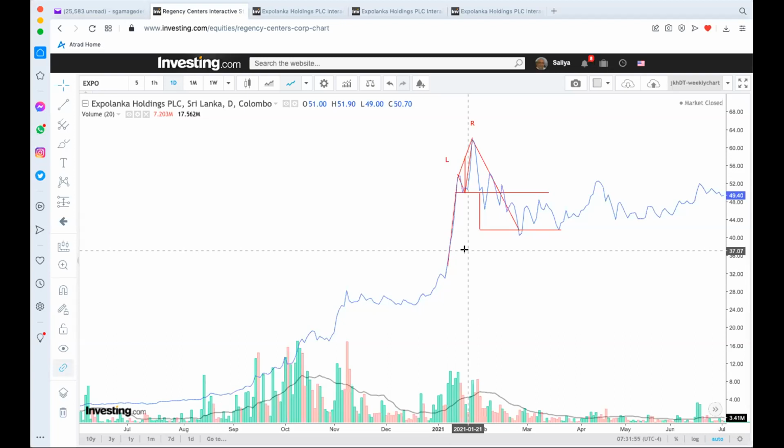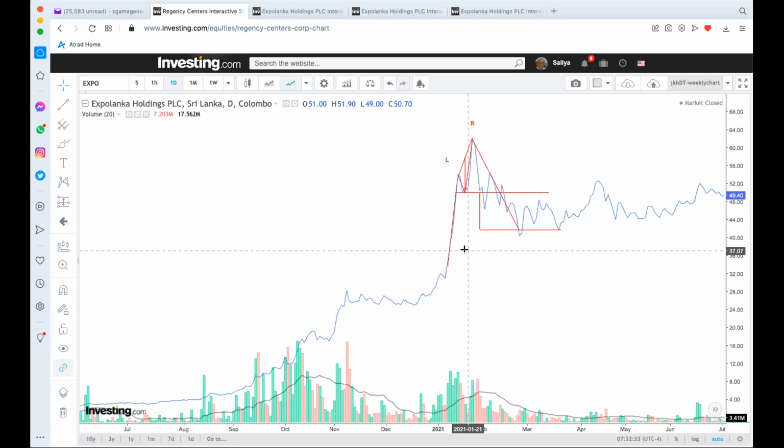Whichever animal, until it achieves the fortunes of catching the prey, it will wait, right? That is one of the important kind of culture, attitude, that technical analysis is going to teach you: to wait until your target is hit.